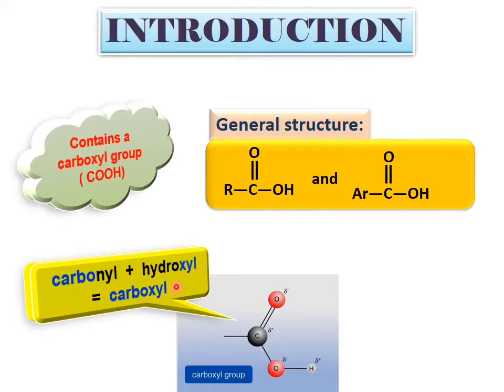So that's why we call it the carboxyl group as the functional group. Carboxylic acid boleh wujud dalam aliphatic carboxylic acid and aromatic carboxylic acid.